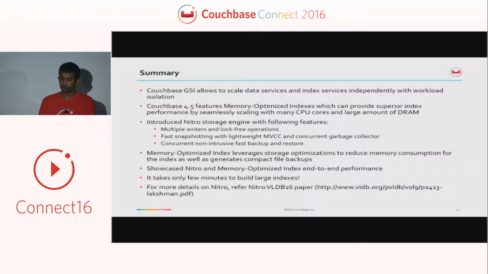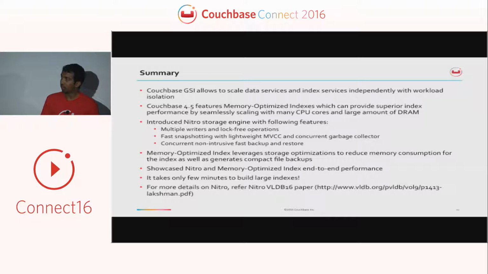Then we introduced the Nitro storage engine with features such as multiple writers with lock-free operations, fast snapshotting, and concurrent non-intrusive backup and recovery. Also, memory optimized index leverages several storage optimizations to reduce memory consumption. We showcased the performance for Nitro as well as memory optimized index and how the end-to-end performance looks.